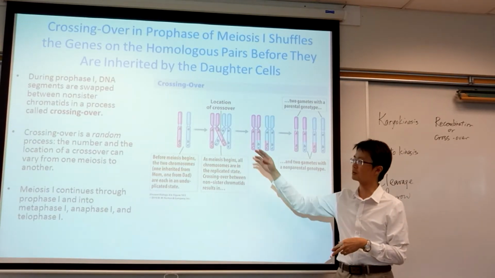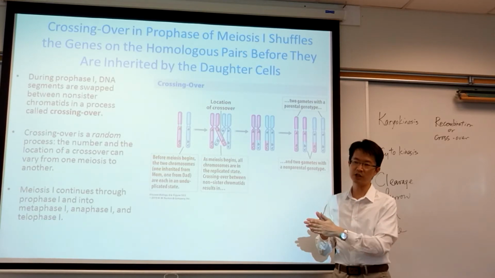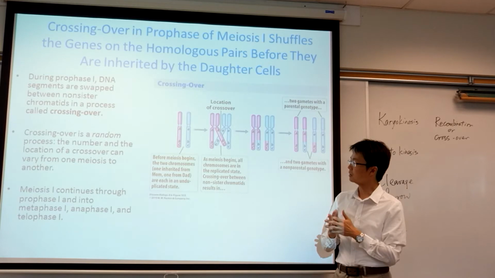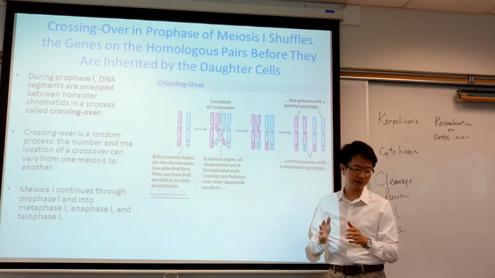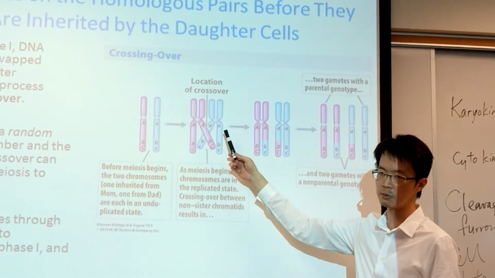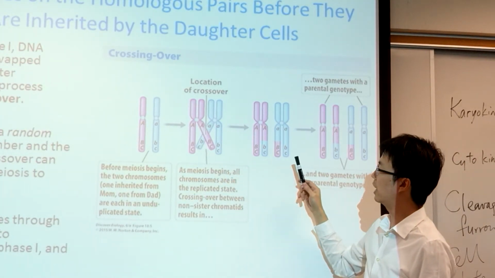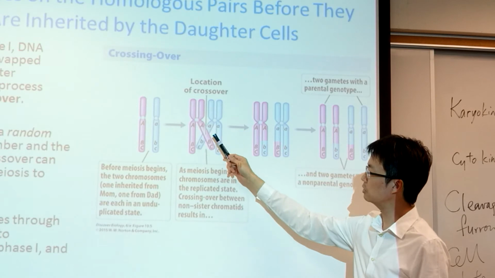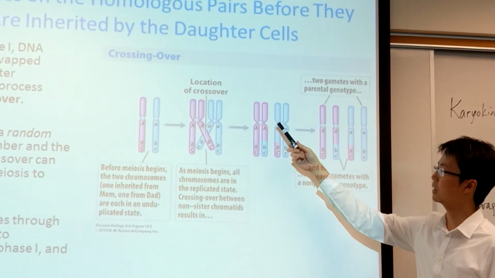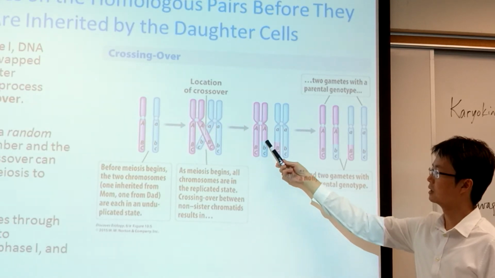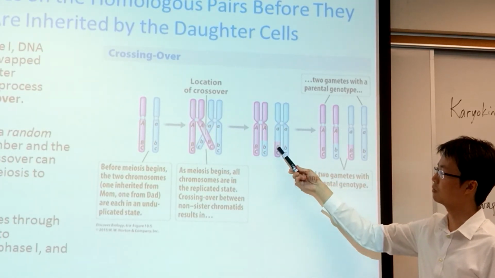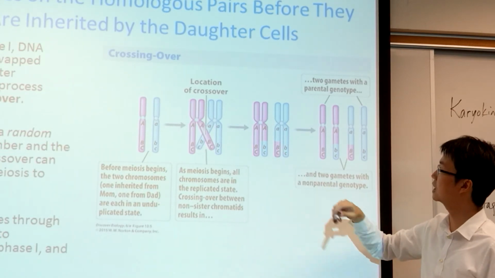And what's the purpose? They want to exchange genetic material in this case. So now I hope you understand why I use that analogy of your parents, because it is your parents' chromosomes doing the same thing in your body. And so they exchange the genetic material so that your maternal chromosome may have some of the paternal genes, and your paternal chromosome will have some of the maternal genes.